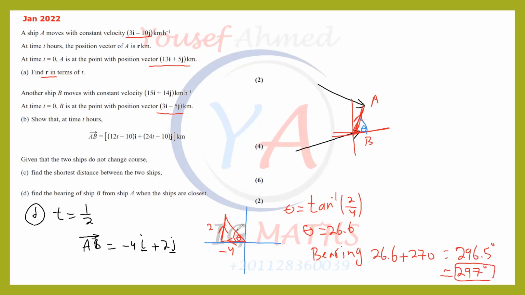This is the bearing of ship B from ship A when the two ships are very close to each other.